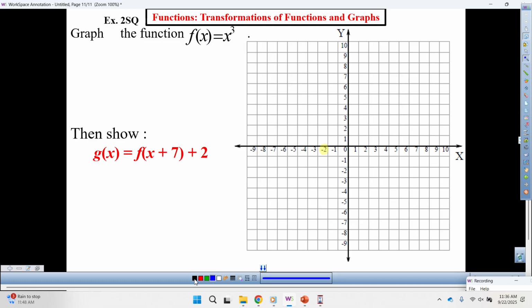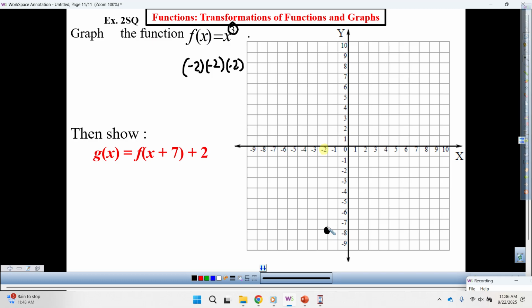Negative 2 what? Let's see. This one says cubed. That means negative 2 times negative 2 times negative 2, which is negative 8. That is correct. That's our first point.